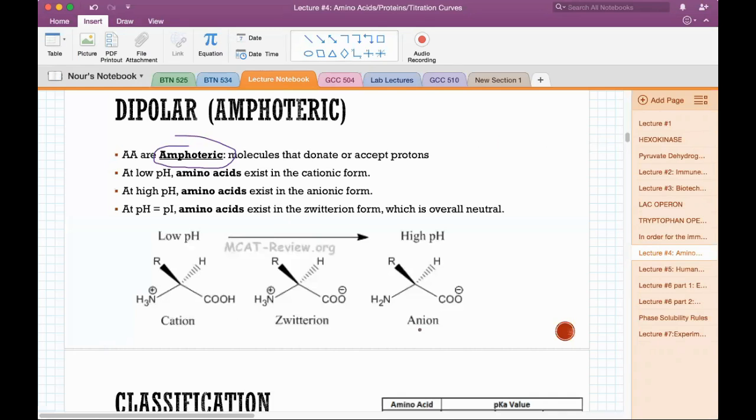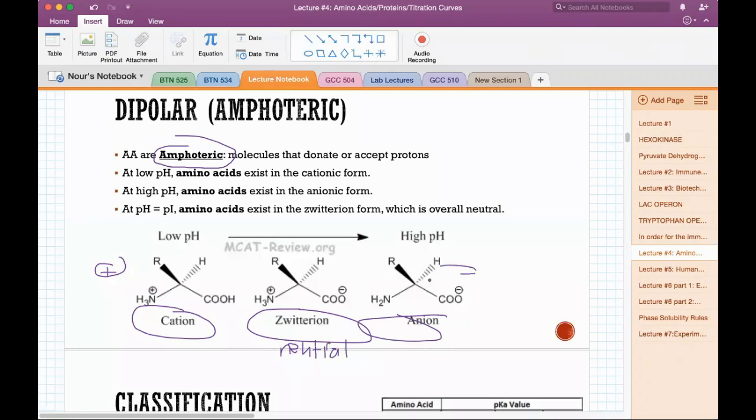They have different structures when they go through a titration curve. They have a cation form, which is positively charged, a zwitterion, which is neutral, and an anion form, which is negatively charged. So zwitterion is when the charge is 0. It's when you have the pI value. That's what it refers to.